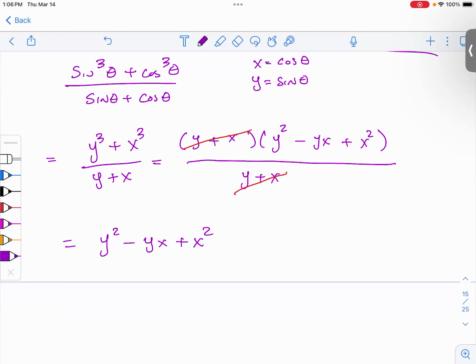Diamond, factor. FYI, I could attempt to diamond this, but this is prime. I can see that it's missing the coefficient in front of that YX. So this is prime, which means I can't factor this anymore. So back to sines and cosines we go.